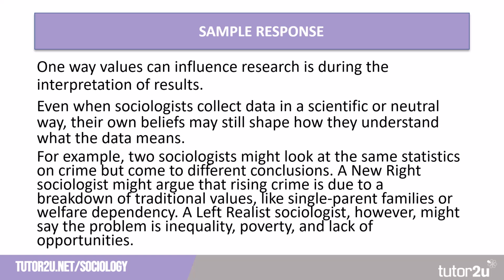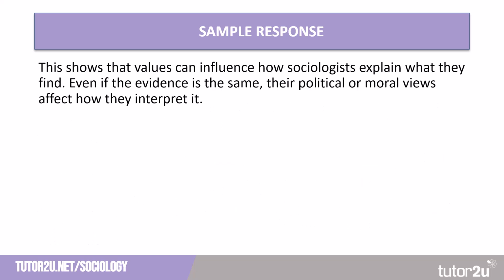So they will be influenced by their viewpoint and how they interpret those results. This shows that values can influence how sociologists explain what they find. Even if the evidence is the same, their political or moral views affect how they interpret it.